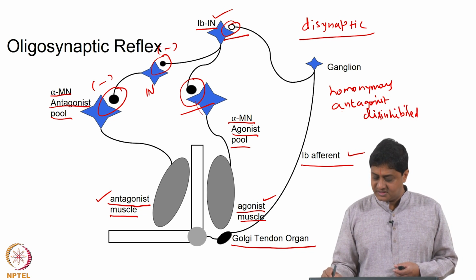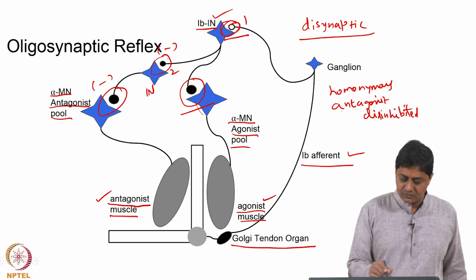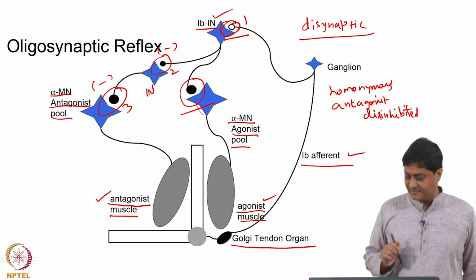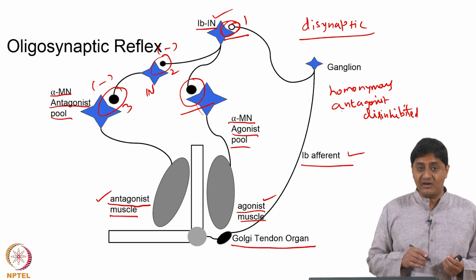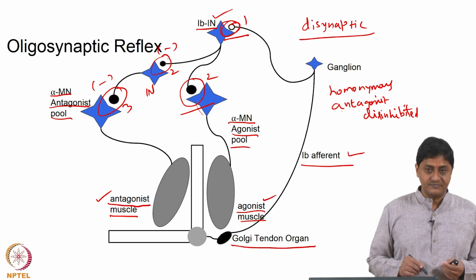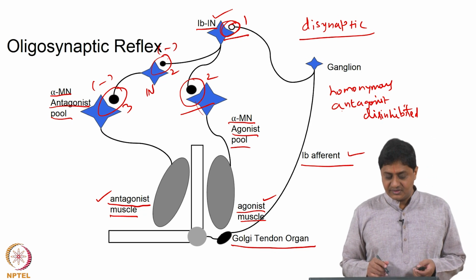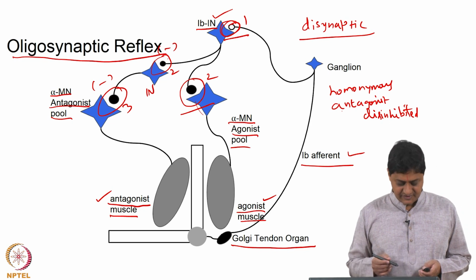This again involves how many loops, how many synapses? This disinhibition involves 1, 2 and 3 synapses, whereas inhibition of the same alpha motor neuronal pool involves 1 and 2 synapses. Okay. So, this is again another example of an oligosynaptic reflex.